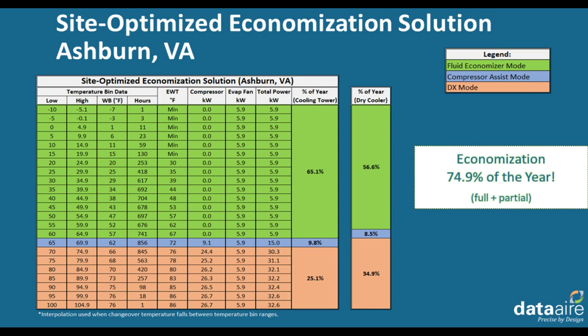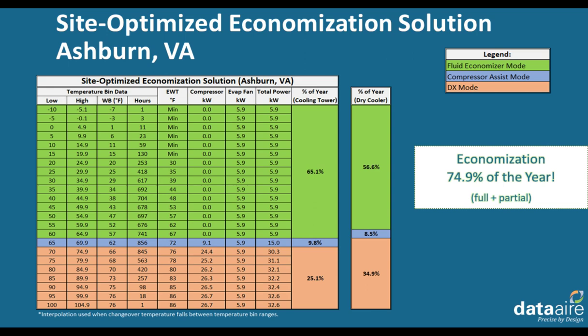And what I did from there to get the entering water temperature, so this is basically the water leaving that evaporative fluid cooler or cooling tower or a dry cooler. In this case, it was a cooling tower for this calculation. But what I did was I assumed a 10-degree approach. So that's saying that the water leaving the cooling tower can get to within 10 degrees of the ambient air wet bulb temperature.